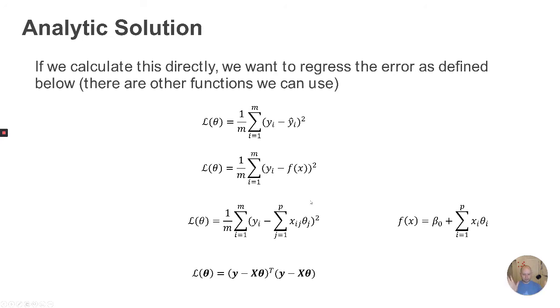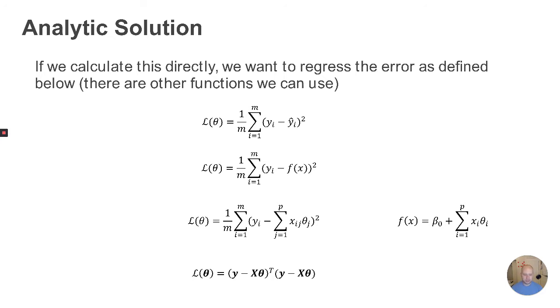We subtract that, and you can eventually see that the vectorized definition is this loss, parameterized by theta, equal to y minus x times theta, transposed, times y minus x of theta. This is just a vectorized representation of the above, and we've dropped the 1 over m just to make this equation nice.